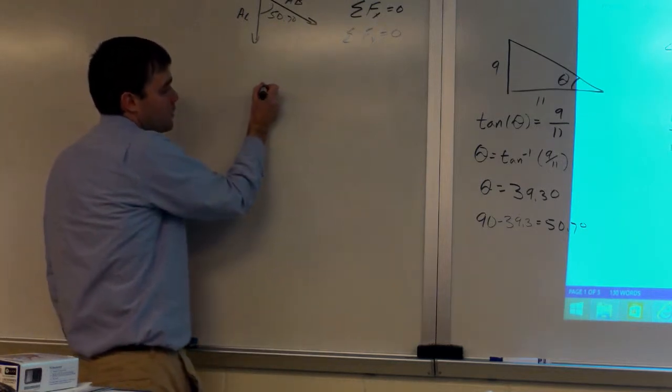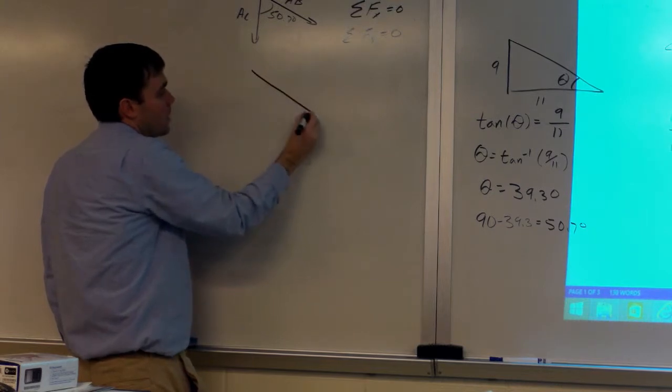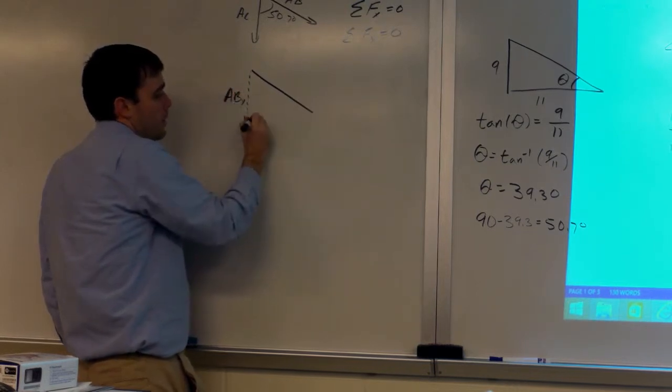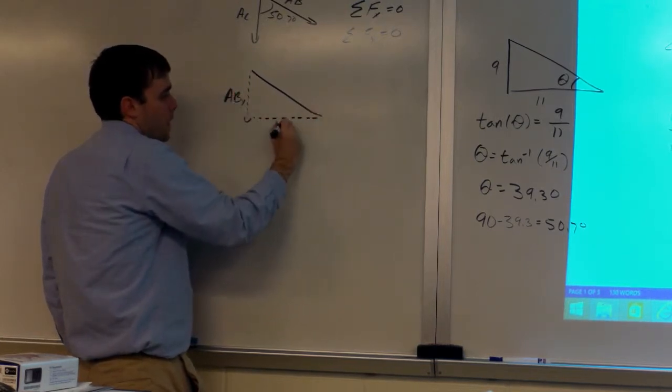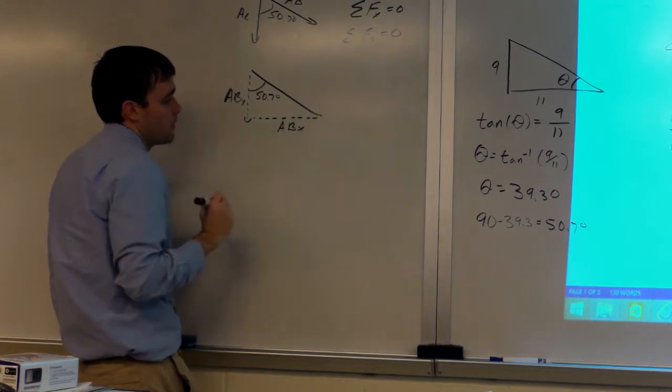And remember, since AB is at an angle, we break it down like this. That's ABY, ABX, and this is 50.7 degrees.